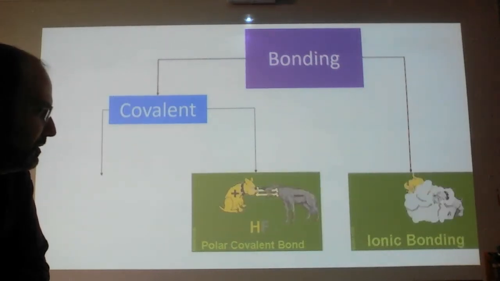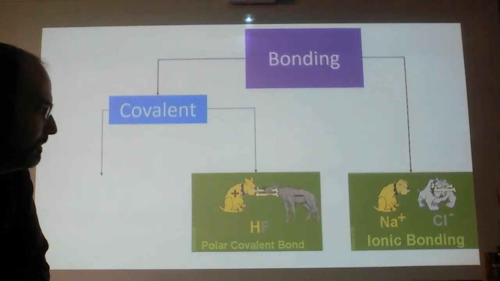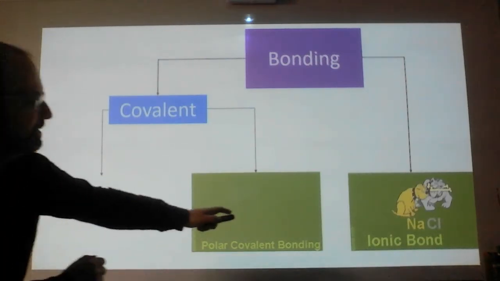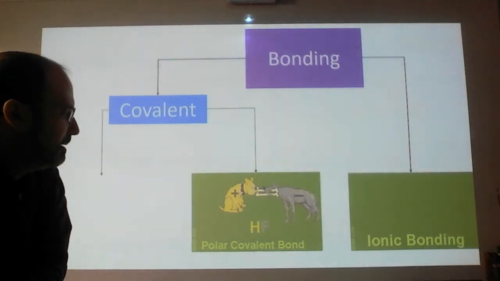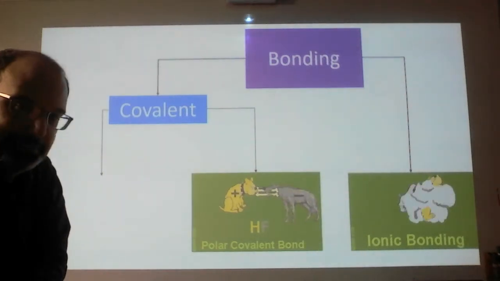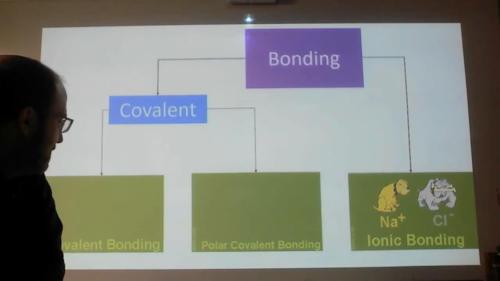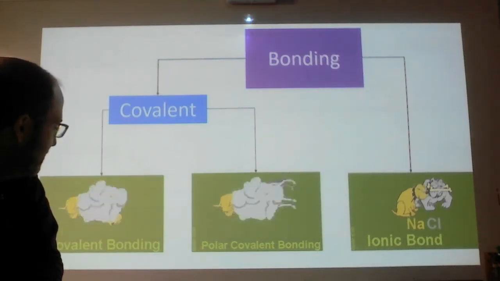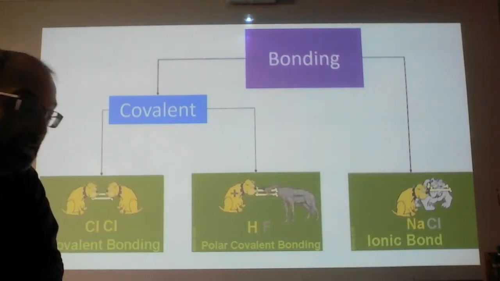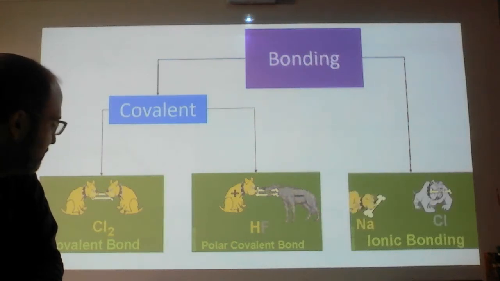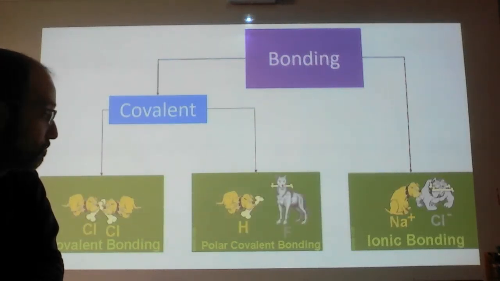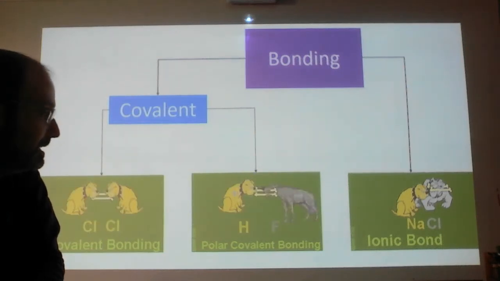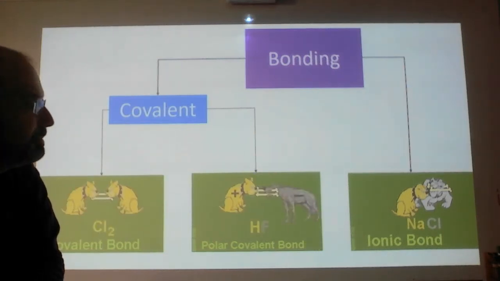Well, the first dog couldn't pull it away completely, but the big dog over there on the right is stronger than the one on the left, so you end up more or less being pulled to the right. Finally, got our last option, where the two of them are equally strong, so this is symmetric by number, and they both share evenly in the middle. So there we go. This is the basis of these types of bonding.